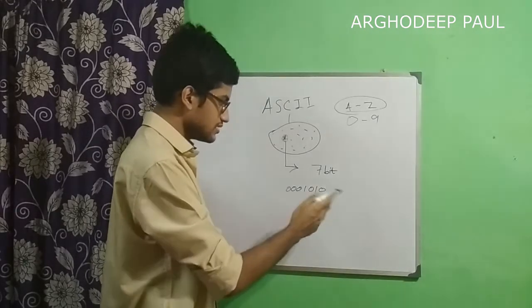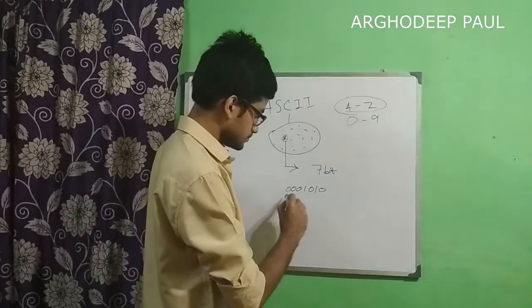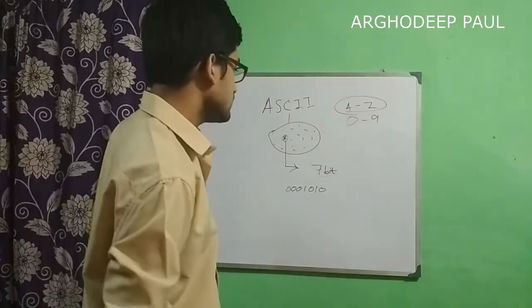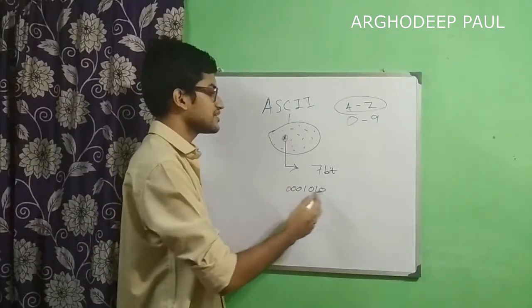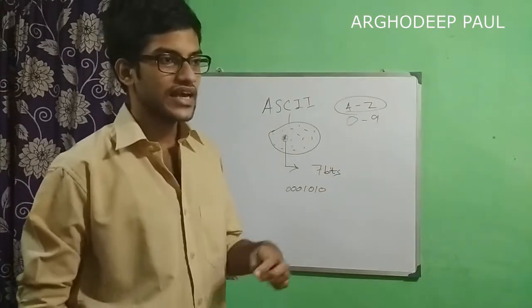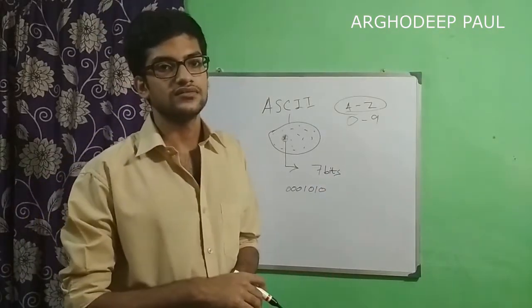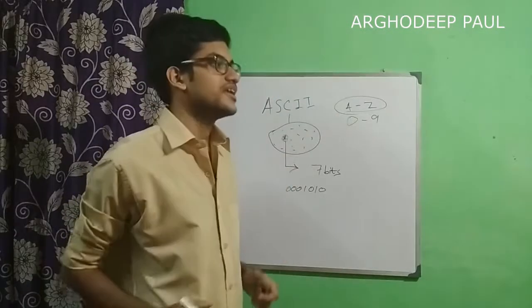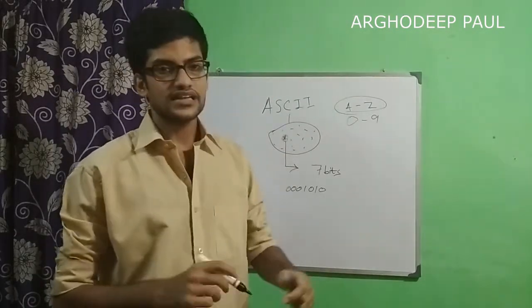So 7 bits are there. ASCII uses 7 bits to represent any of its characters in its character set.